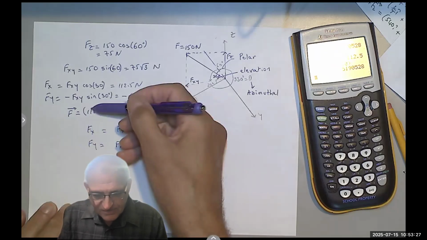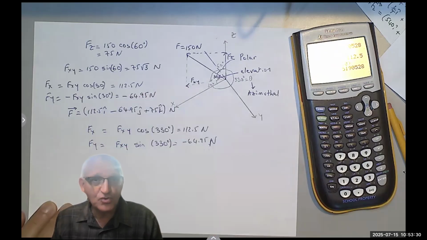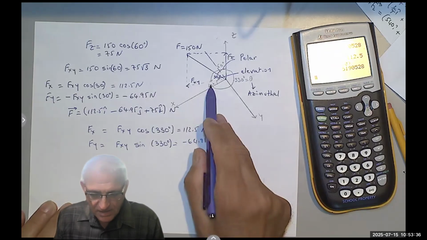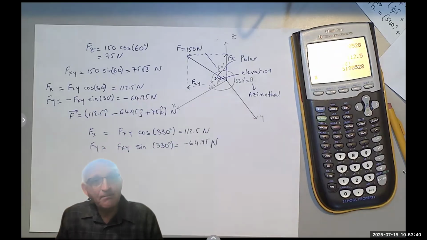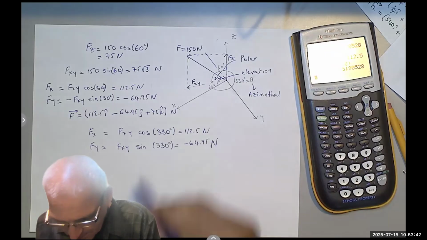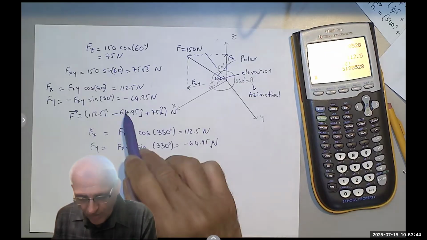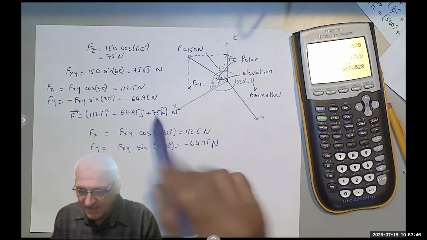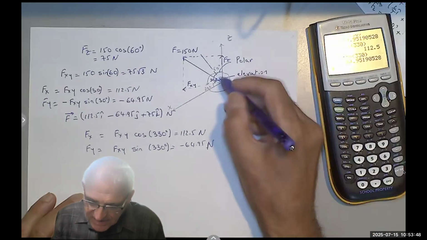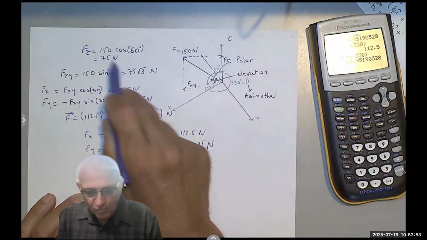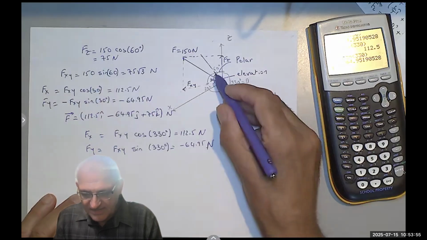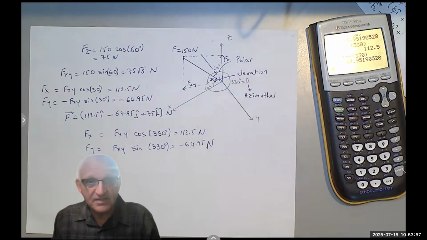So if I divide this by 150, I get cosine theta x, which should be 330 degrees, but you may get it as 30. You get cosine theta y by dividing this by 150, and you get cosine theta z, which we know is 60 degrees, so it's 1/2, because 75 over 150 is 1/2, and that's basically cosine theta sub z.